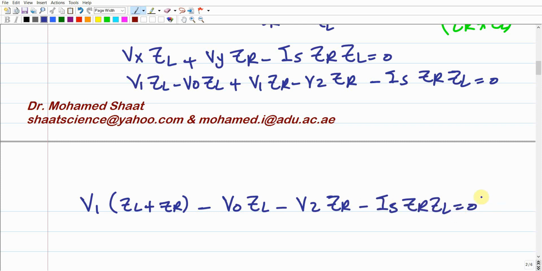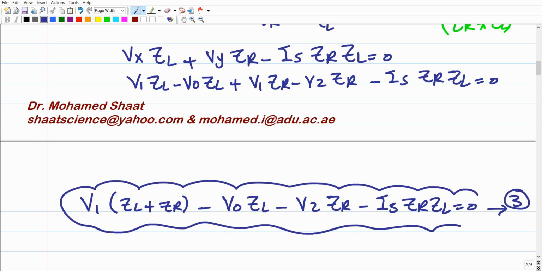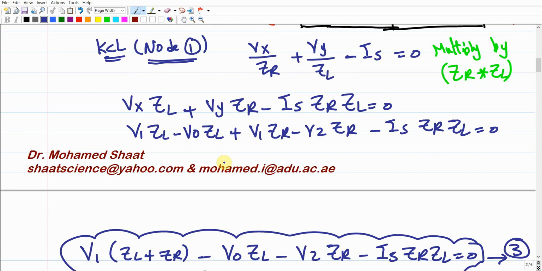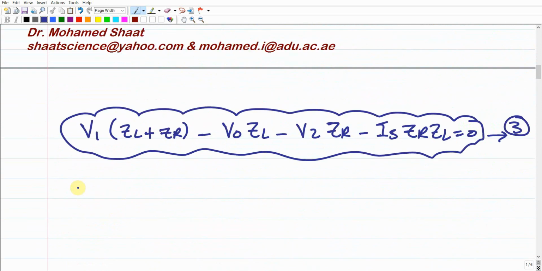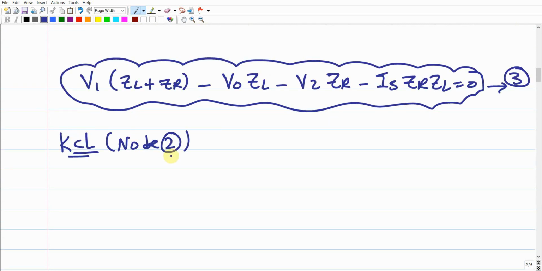They should give us 0, and we can give a number to this equation. This is the first equation for the first node. This is one of the equations that needs to be solved for V1 and V2. We need another equation that we can get by applying Kirchhoff current law, but for node 2.